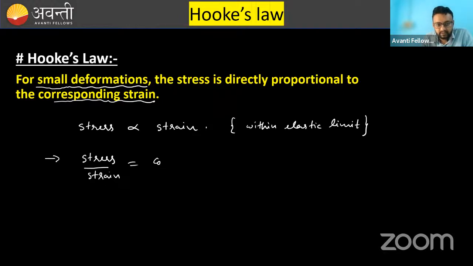So what we have learned is that the ratio of stress over strain is a constant up to a certain limit, within elastic limit, or you can say for small deformations. This is true.